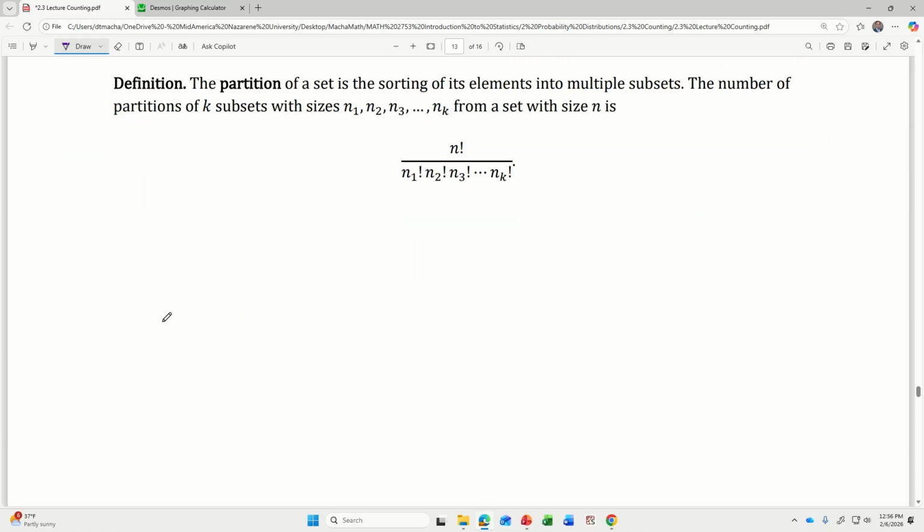This is called a partition. The partition of a set is what it looks like to sort its elements into multiple subsets. The number of partitions of k subsets with sizes n1, n2, n3, up to nk from a set of size n is this. So in the numerator, right, this is the overall size of the set.